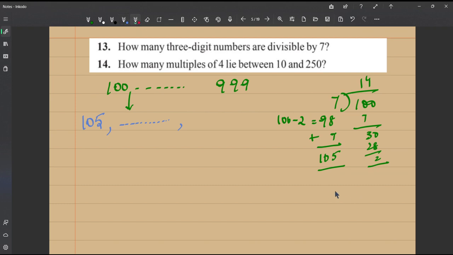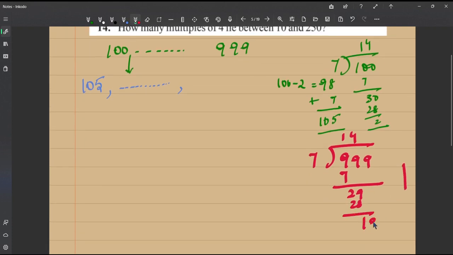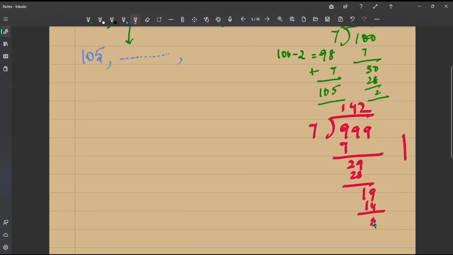Now in order to find the last number which is divisible by 7, we'll just have to repeat a similar process. Just divide 999 by 7 and check what your remainder is. 7 ones are 7, 29, 7 fours are 28, 19, 7 twos are 14. So now we have a remainder of 5.